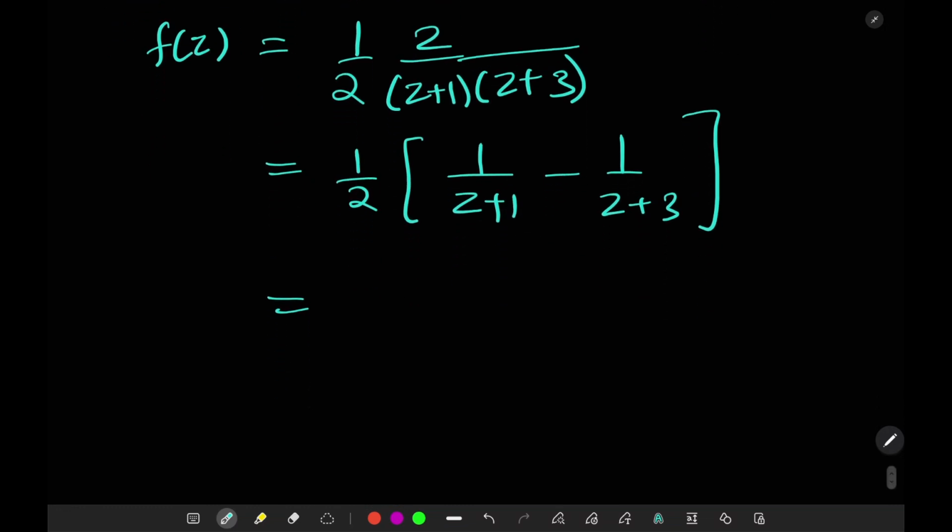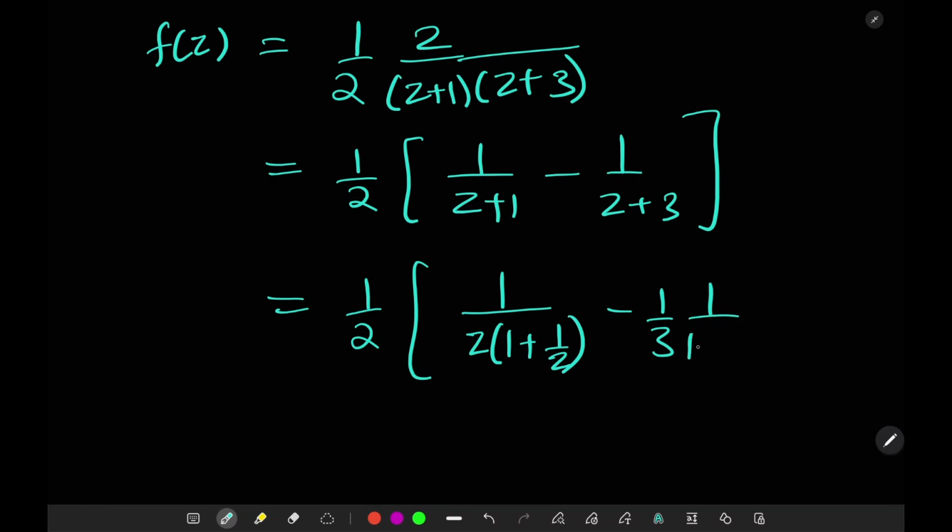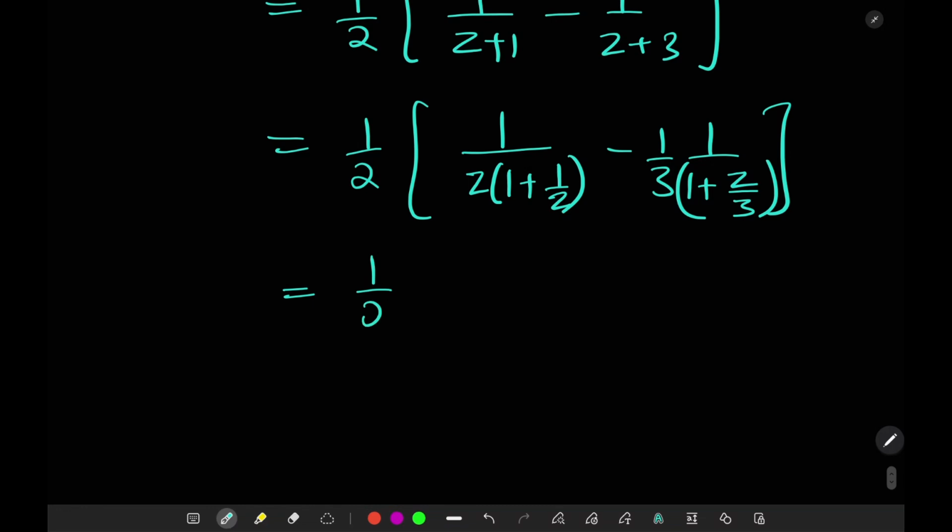So taking the bigger term common: in this term mod z is greater than 1, so z is taken common, so we can write this. And in this term mod z is less than 3, so 3 is taken common. Now we can write this term like that, and also this term.